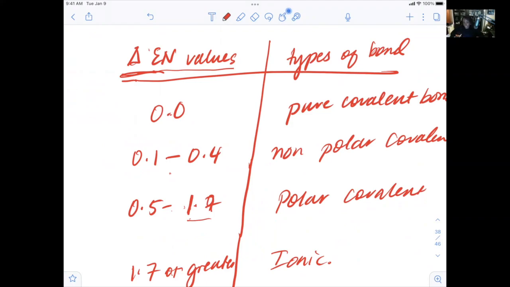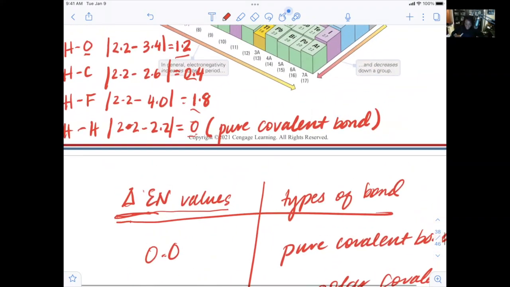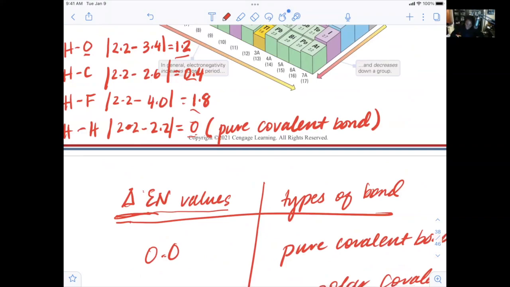Scientists don't even agree with these categories. So I'll say I have seen this as both polar covalent or ionic.